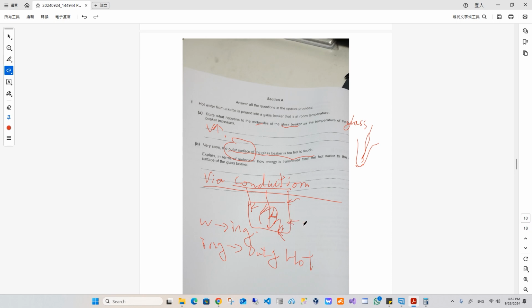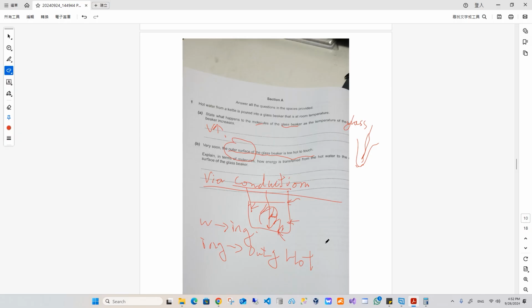The violent vibrations affect the adjacent particles all the way until the external glass area. That is conduction in terms of thermal molecular theory.